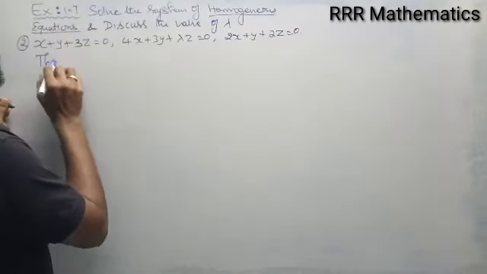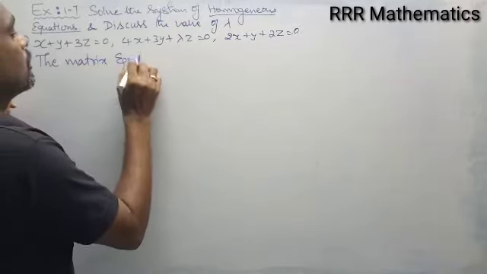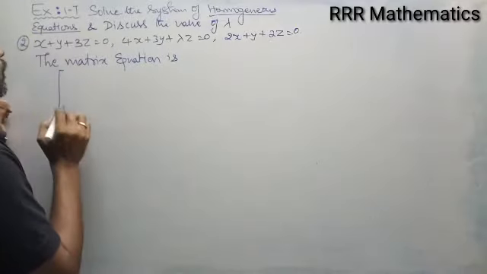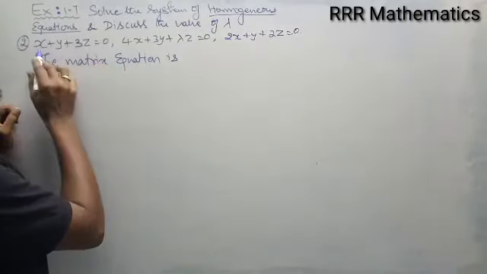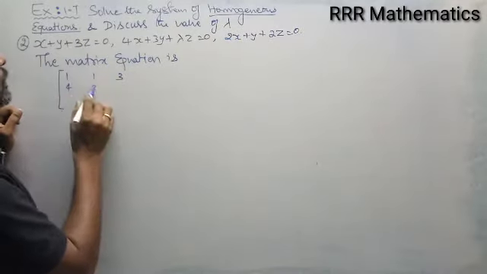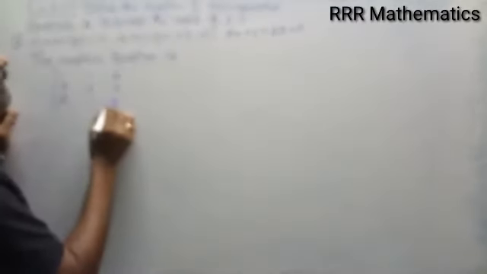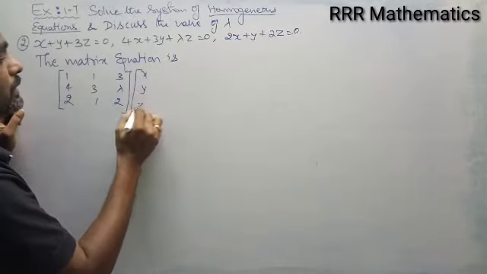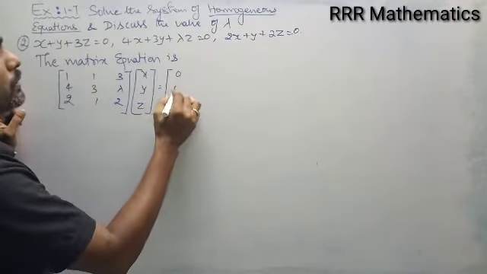First step, the matrix equation is of the form AX equal to B, where A is the coefficient of x, y, z in order: 1, 1, 3; 4, 3, lambda; and 2, 1, 2. The variables are x, y, z, which is equal to 0, 0, 0.